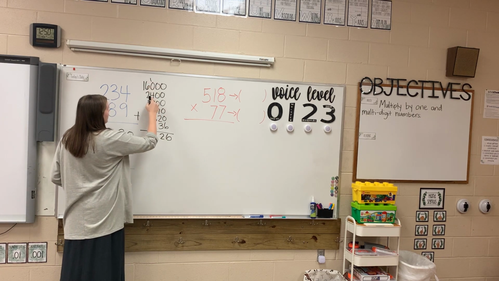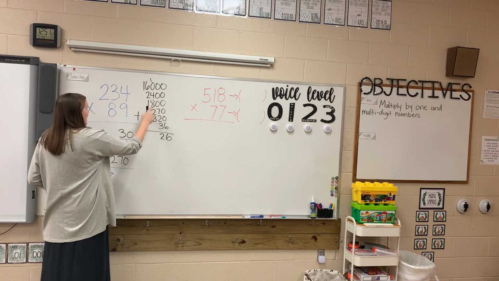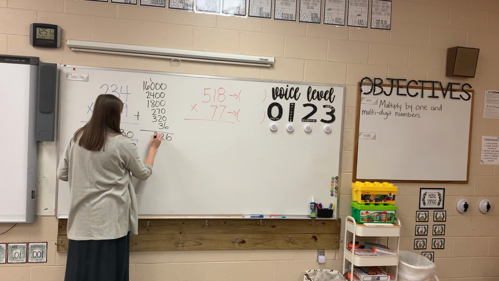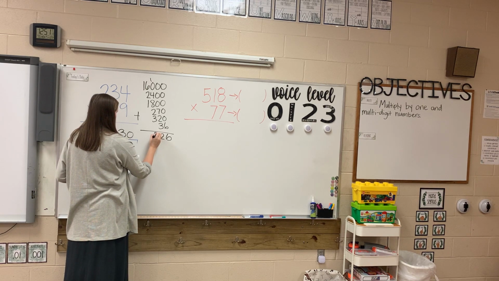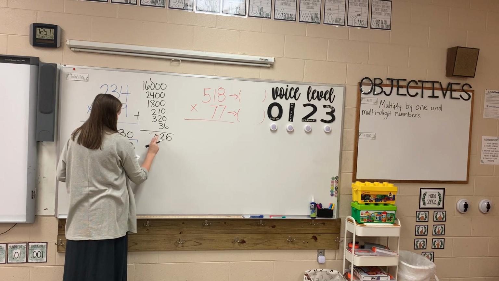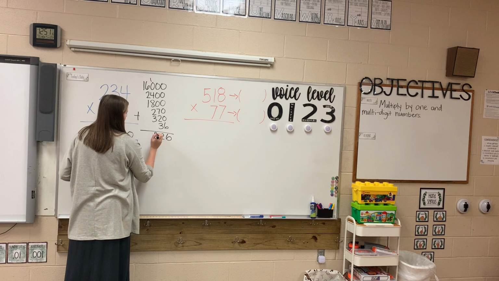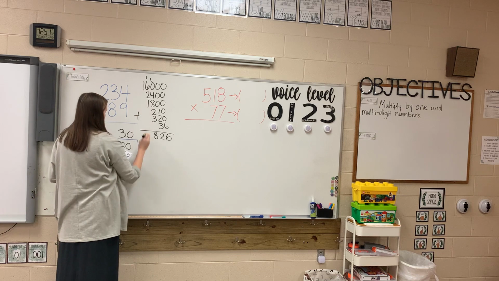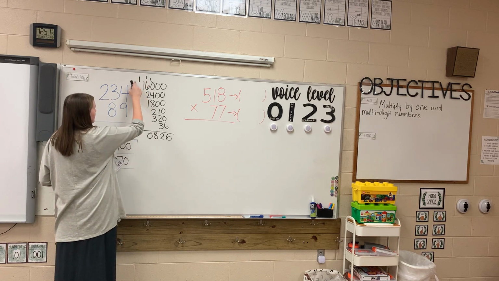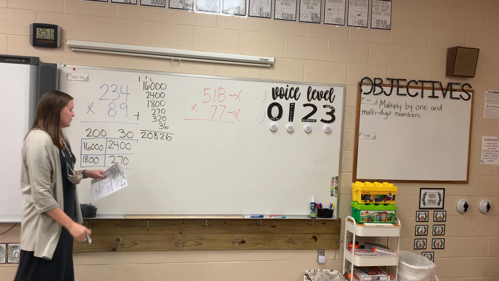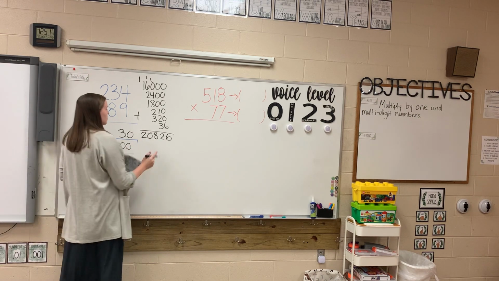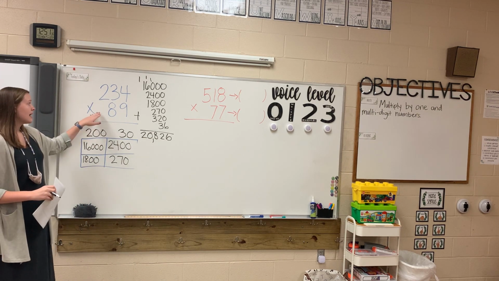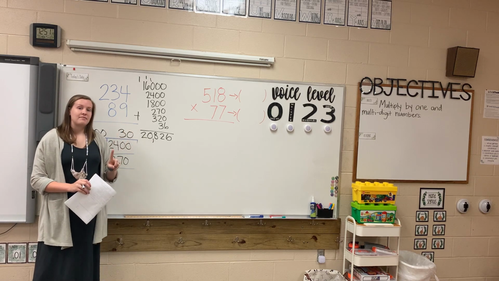Got to carry that one. 1 plus 4 plus 8 plus 2 plus 3, 18. 6 plus 1 plus 2 plus 1 gives me 10, and 1 plus 1 gives me 2. So my answer to my problem is 20,826. And you would get the same answer if you did the standard algorithm that we did in video 1.